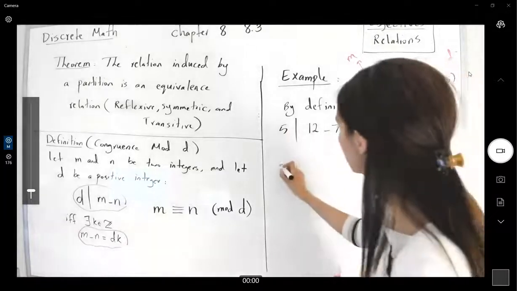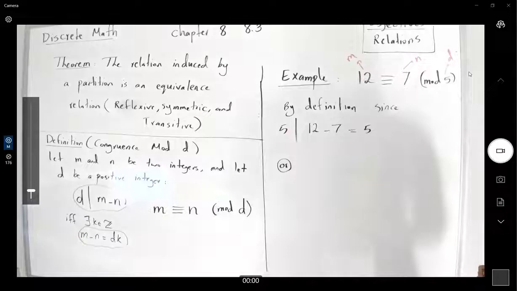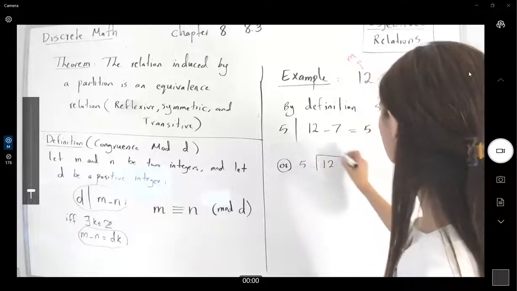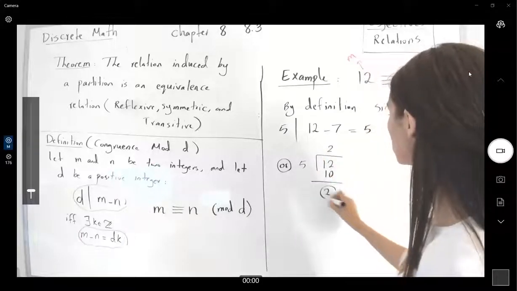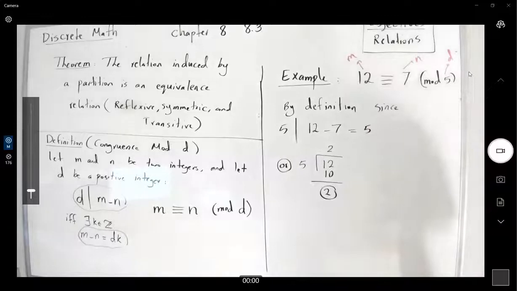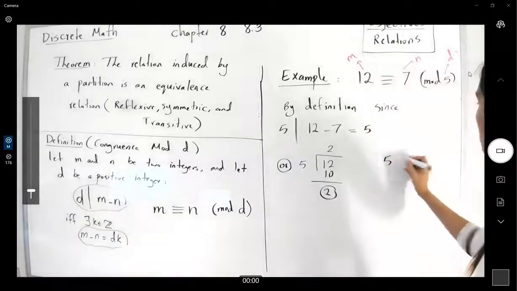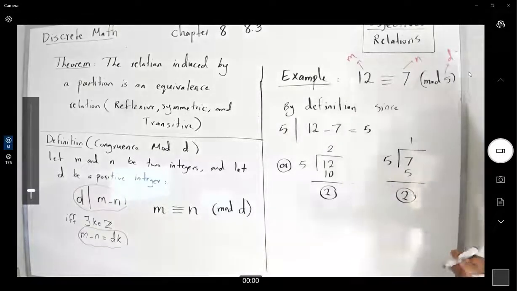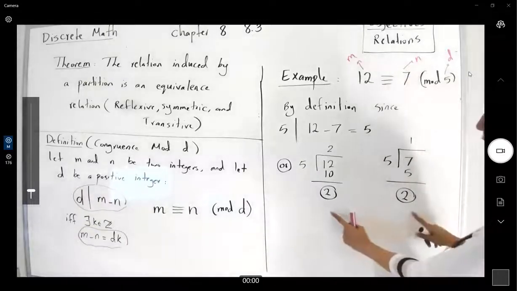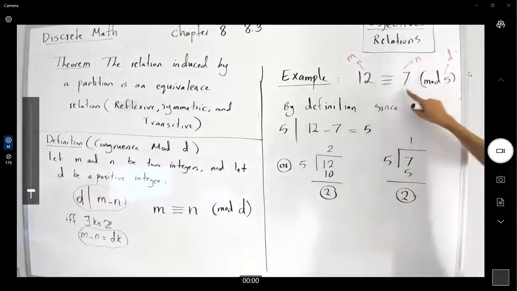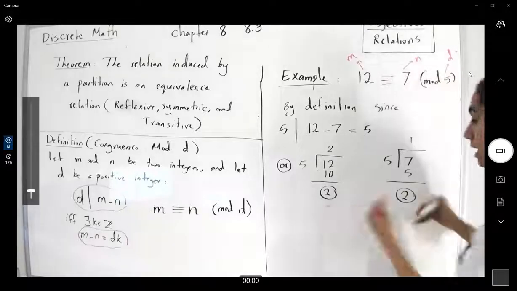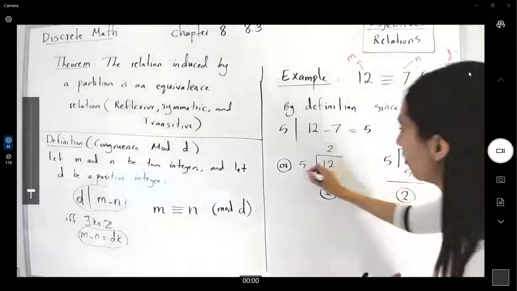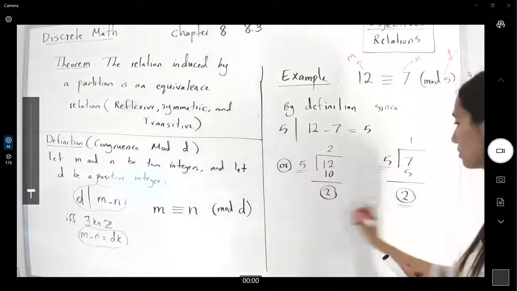Or you have this case: if I divide 12 by 5, the remainder is equal to 2. If I divide 7 by 5, the remainder is equal to 2. So this is another approach verifying that 12 is congruent to 7 mod 5. They have the exact same remainder when we're dividing both of these by 5.